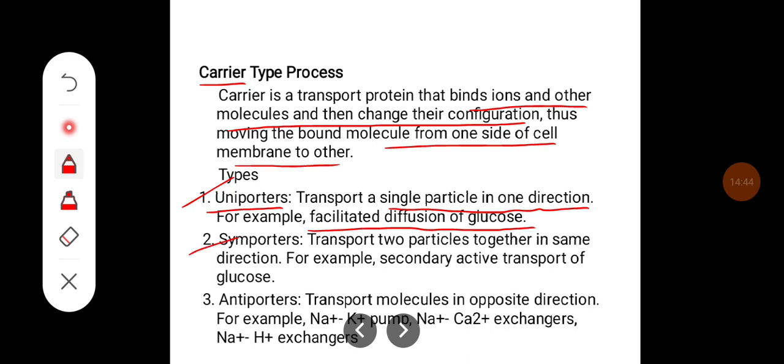Symport, where two particles together in the same direction are transported. For example, in secondary active transport of glucose. In the antiport, the transport of molecules occurs in opposite direction. For example, sodium potassium pump, sodium calcium exchanger, and sodium hydrogen exchanger.